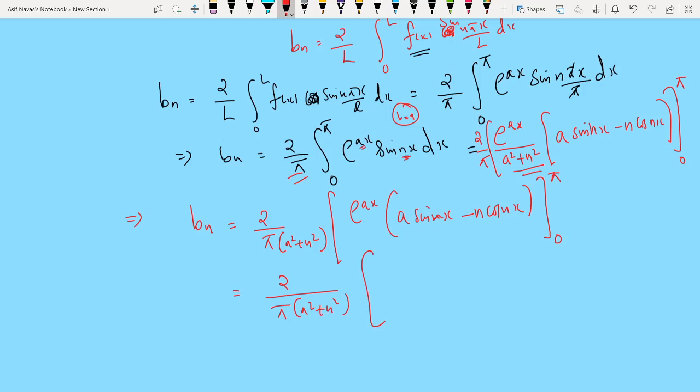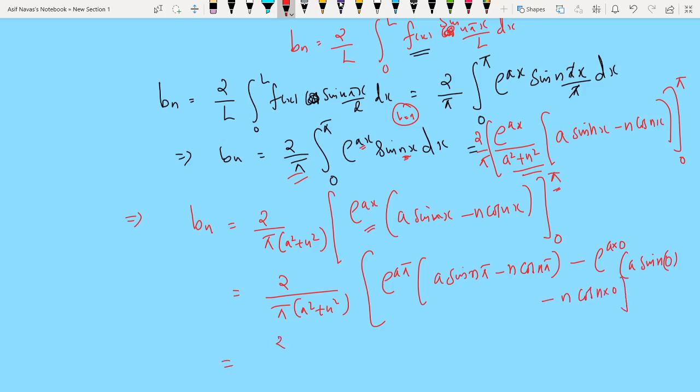With the upper limit pi, we get e raised to a pi times a sin n pi minus n cos n pi, minus, with the lower limit, e raised to a into 0 times a sin n 0 minus n cos n into 0.